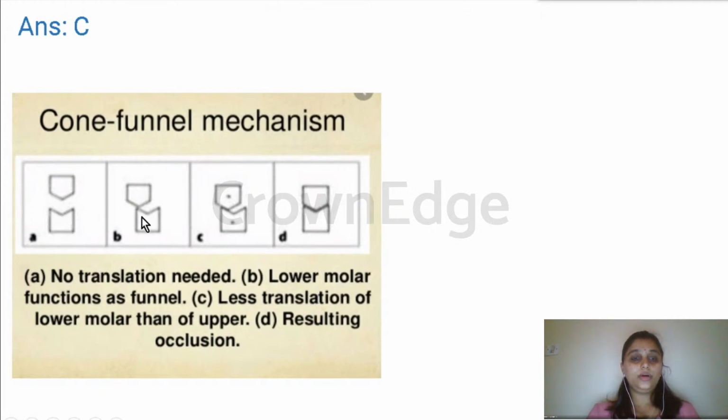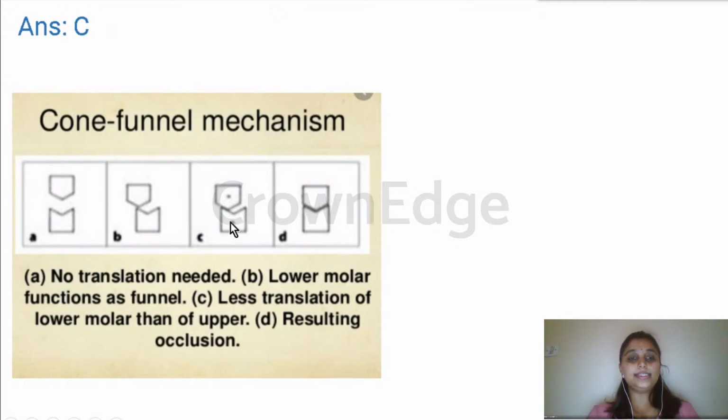The lower molar is the funnel. So here it is going to get translated and fall into this particular groove. This represents your mesiobuccal groove. This tip here is going to translate and come like this.